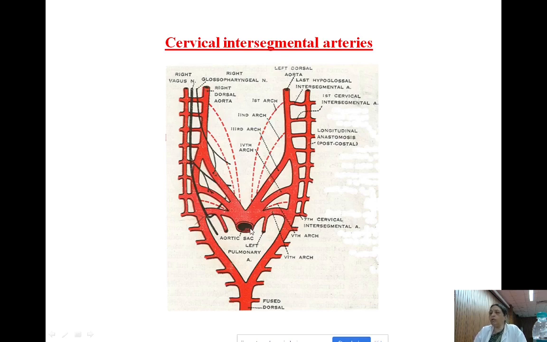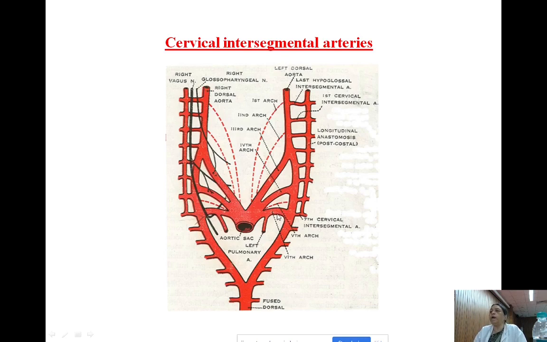But later on, when the fifth arch disappears and the right side of the sixth arch disappears, on the right side the recurrent laryngeal nerve hooks around the fourth aortic arch that forms the right subclavian artery. I will come to that in the next picture. And on the left side, the recurrent laryngeal nerve will hook the ductus arteriosus.